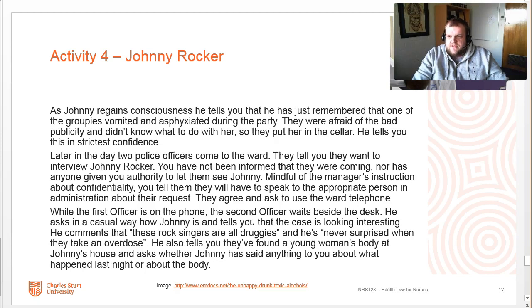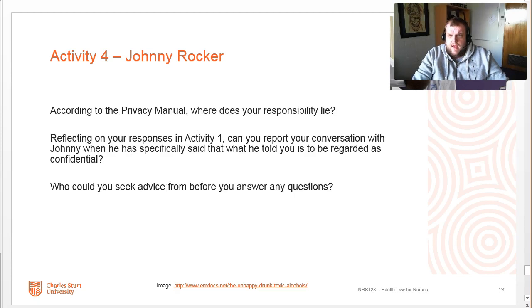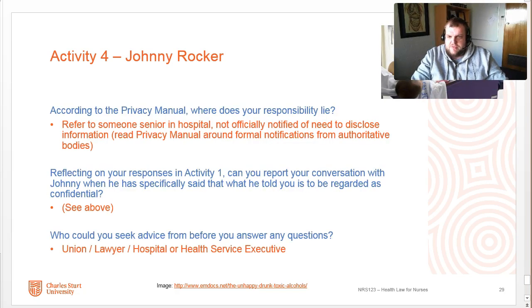The story then goes on and says that there's a deceased person at his house, and that the police are trying to find out more about the story and trying to ask the nurse for information, and then asking them, okay, well, what does the privacy manual say about this? And reflecting on the responses that they've done previously, can you tell the police everything that's happened that Johnny's told you about, and who would you seek advice before you answer any questions?